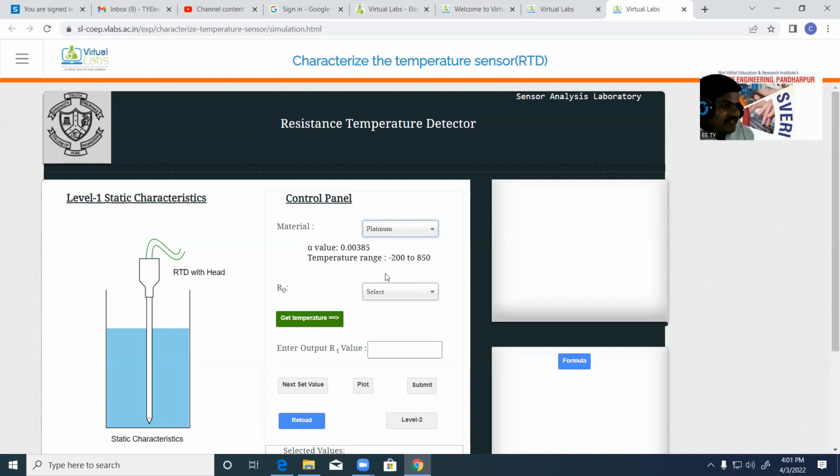It will melt. Its melting point is 850 degrees Celsius; above that temperature the material will start melting. That means it operates within the range from 200 to 850 degrees Celsius.